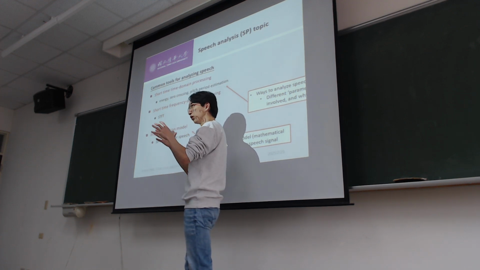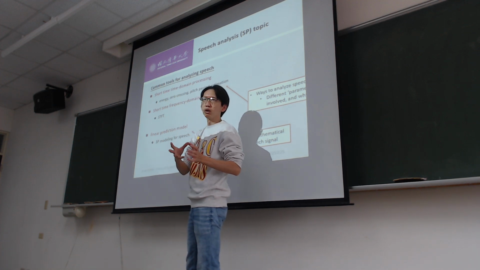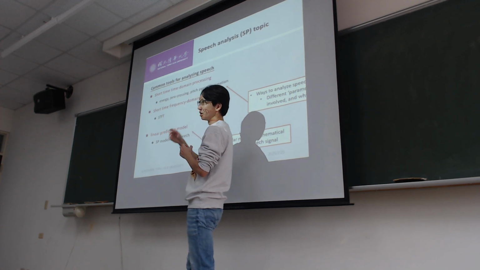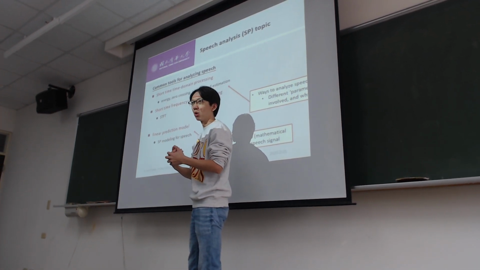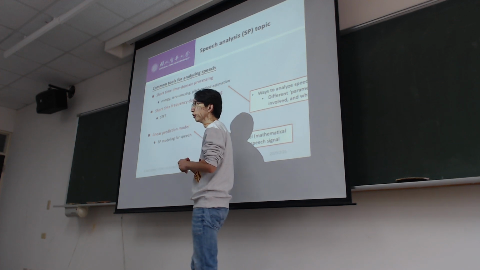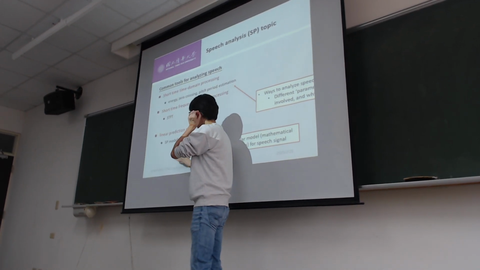Because now you know there's a source part and there's a filter part. You want to know more about the source part, or you want to know more about the filter part. So by tuning different parameters, you can show the properties of the signal more like the source component, or more like the filtering component.